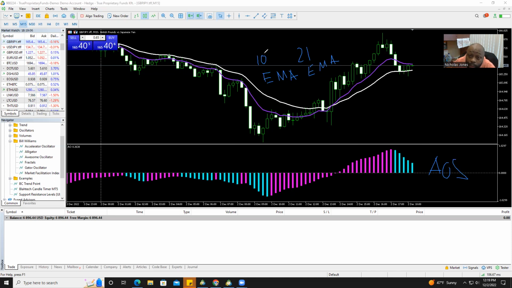So we got our 10 EMA, our 21 EMA, our AO. These are only 3 indicators that you'll need to perform this particular strategy.